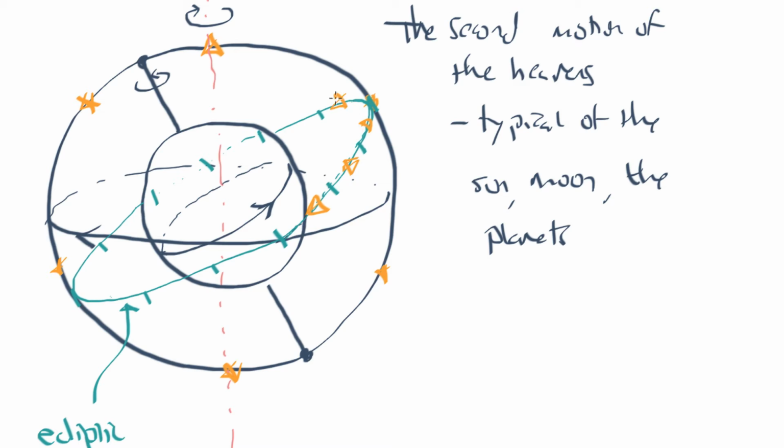I'm going to draw a few stars in here. I'm not going to put the signs of the zodiac, the symbols here. I'm just going to put stars on this to remind you that there are certain groupings of stars, or constellations, that lie on this band. And if the sun is riding on this inner sphere, well, let me actually make the sun in orange. So here's the sun.